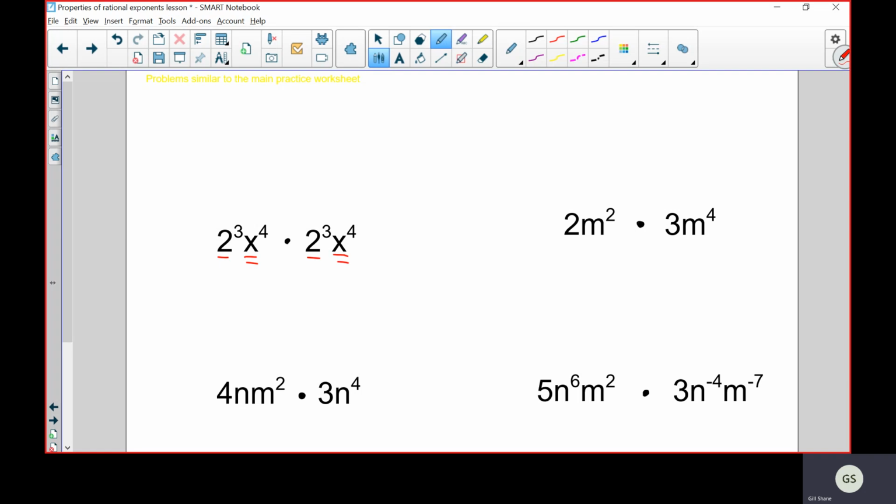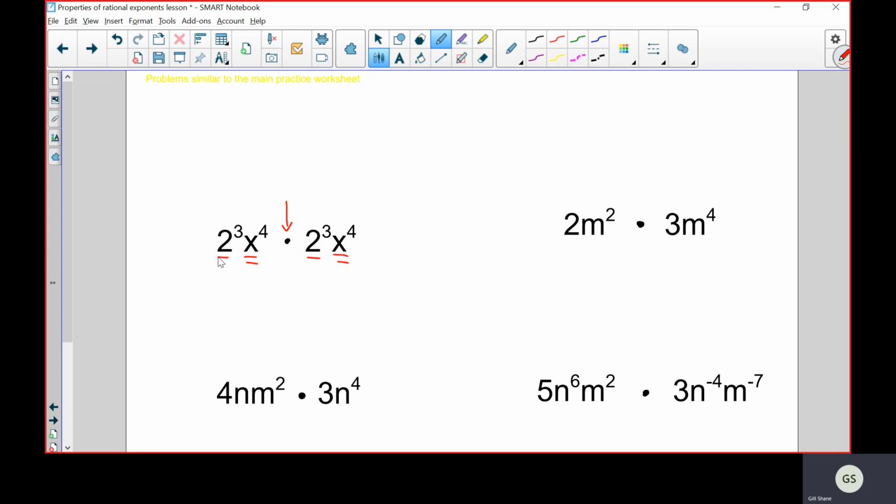Now, same bases can only work together. So I can't add any. So the rule, by the way, is going to be the product rule. We're multiplying. And yes, I do have some of the same bases, so I'm going to add exponents. I can only add exponents for the bases that are the same.